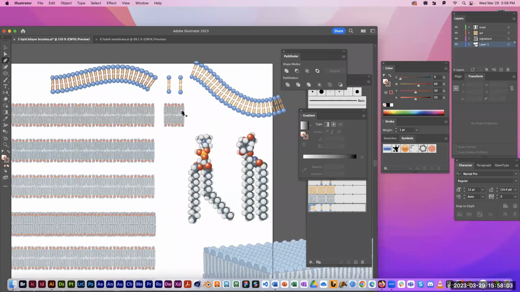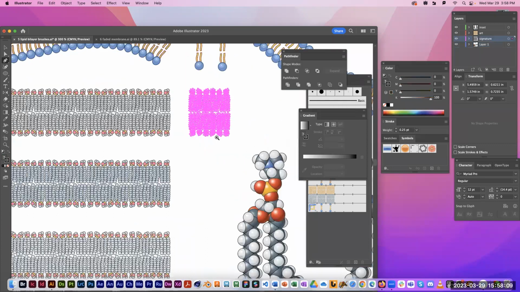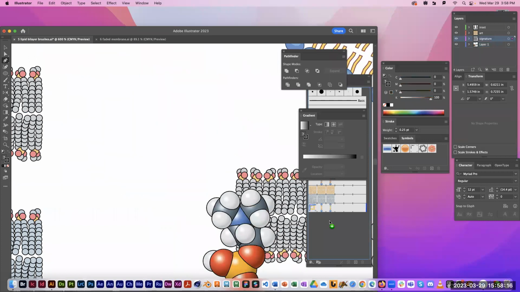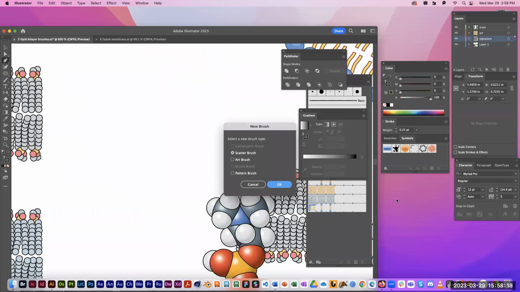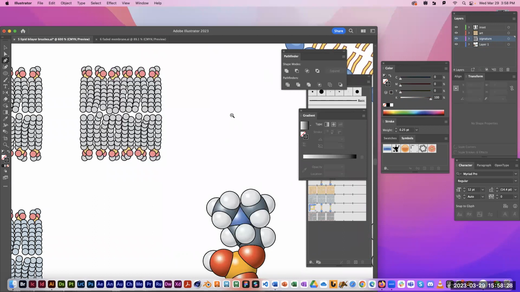But then these things have evolved over time. Here's an early attempt where we've got all these little gray balls plus an attempt to do the phosphate ends up there. Just drag it into your brushes palette, make it a pattern brush, call it lots of gray balls, something like that.